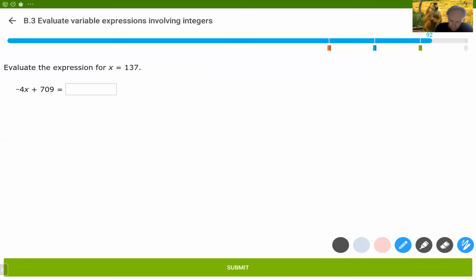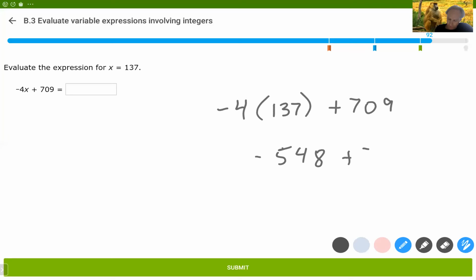Negative 4 times x, which is 137, plus 709. In this particular case, you could grab a calculator, but it's good practice to try and multiply it in your head. So what I'm going to do is write down the 8 and carry the 2 in my head. And the 12 gives me a 4 in my head, and carry the 1 and I get a 5. So 548 plus 709.